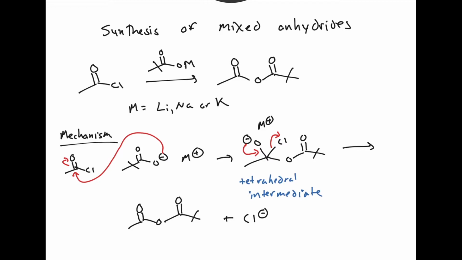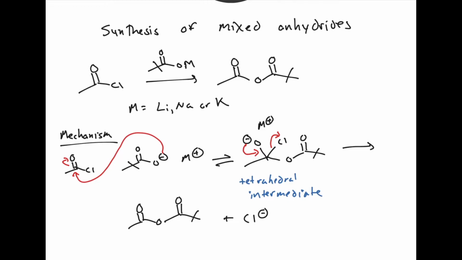So this first step, I could actually say, is in equilibrium, right? It goes back and forth, back and forth. And then every so often it spits out the chloride and goes and makes the anhydride, and then the reaction is done. So it can spit out the thing you don't want, but eventually you'll get what you want in the end. Just takes a little bit of time.